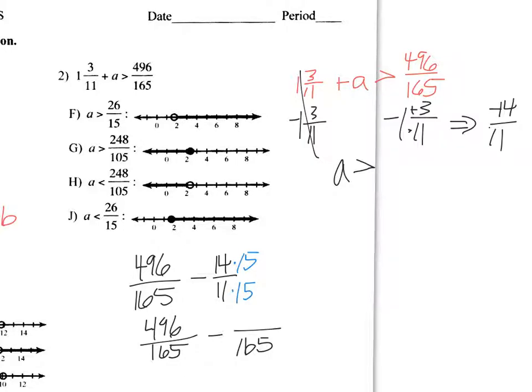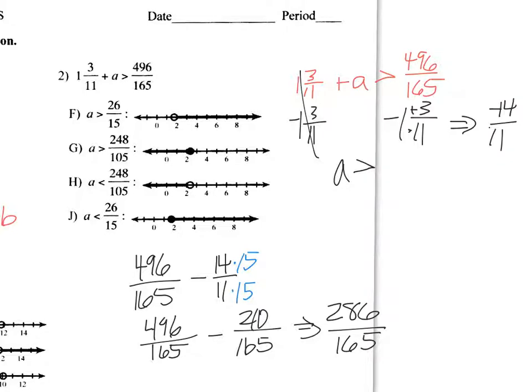So 140 and 70 would be 210. I subtract that, and that's going to give me 286 over 165. Now, if I go up here and look, I don't see any of those.